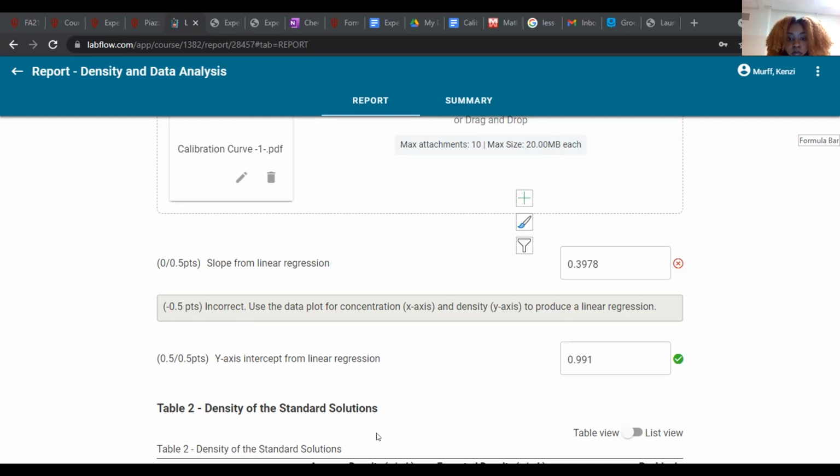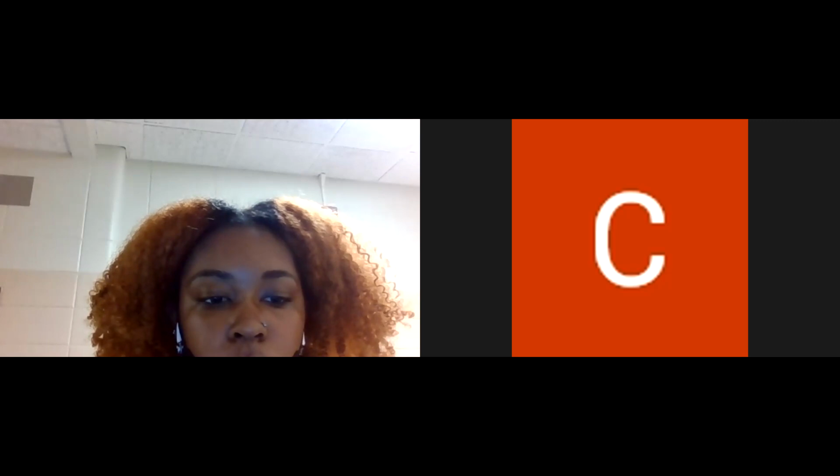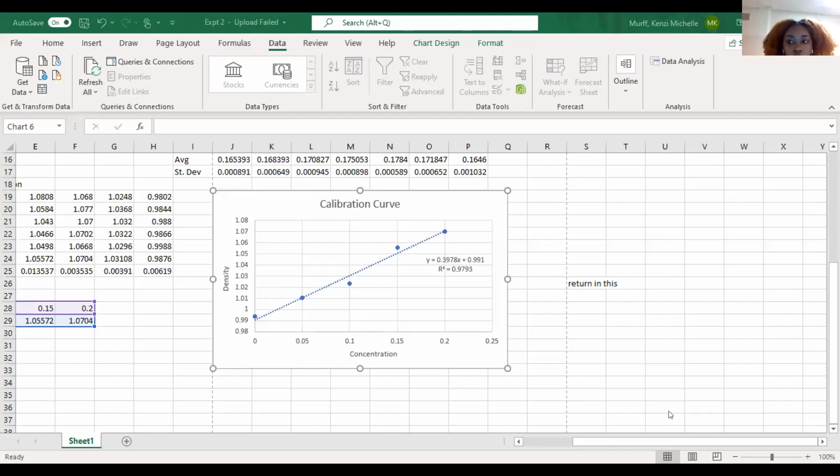For some reason I can't see your Excel. Go ahead and stop your screen share and then start it back up. Okay. You see it now? Yeah.